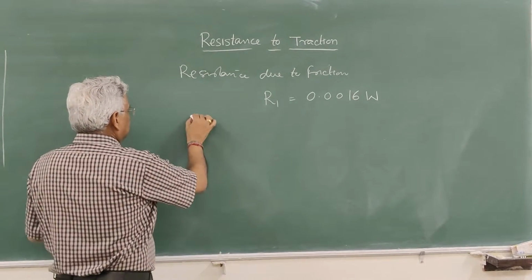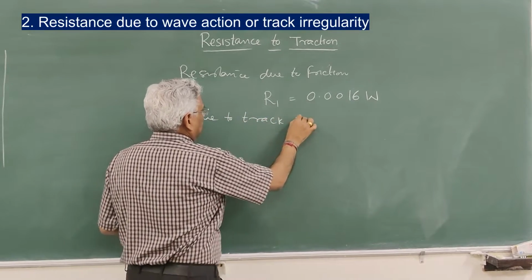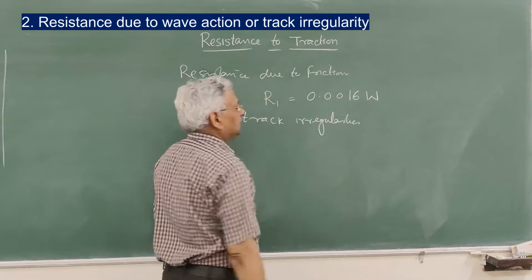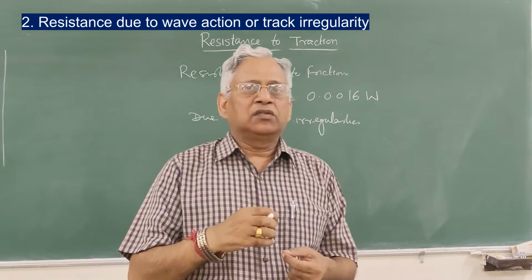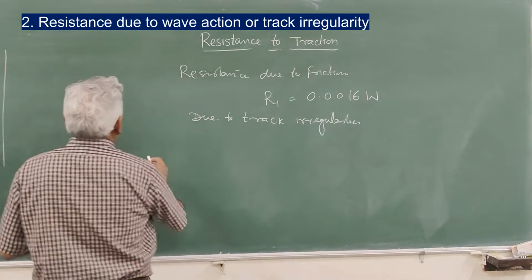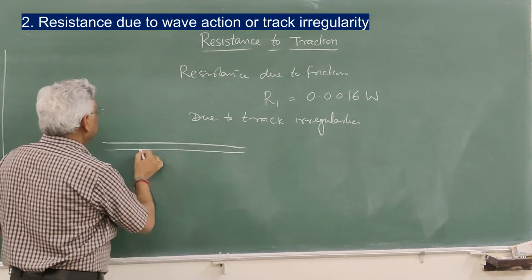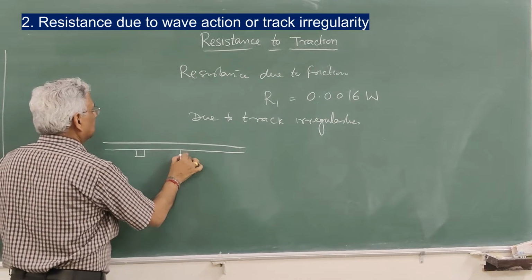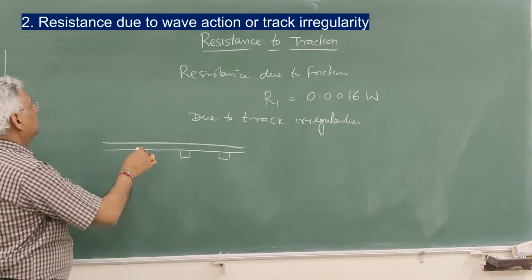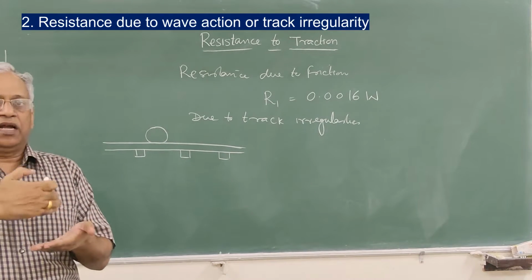The second resistance is due to track irregularities. It can be because of poor maintenance of the track, and even a newly laid track has it. When a train moves, the rail is supported on a number of sleepers, and these sleepers are embedded in the ballast, and when a wheel comes here, it creates a deflection in the track.